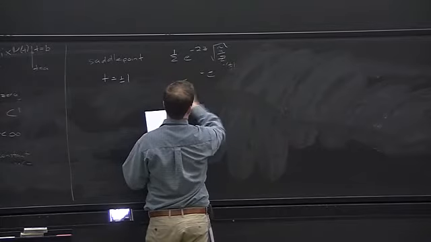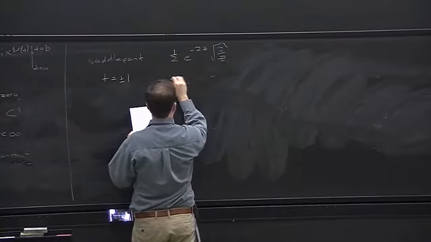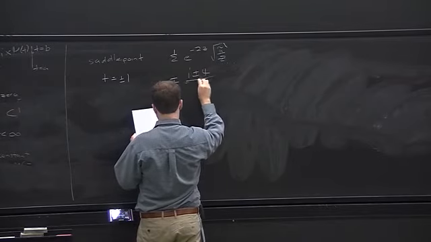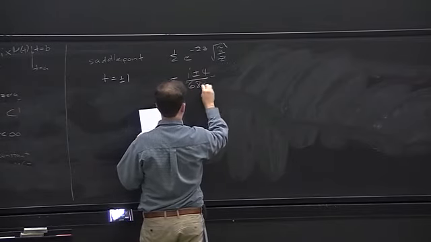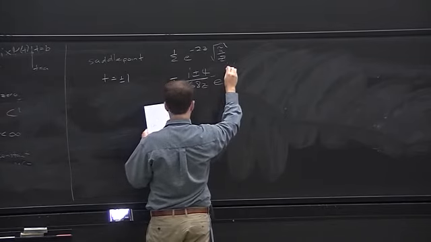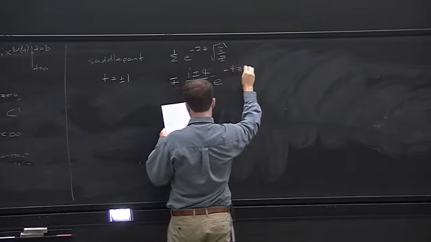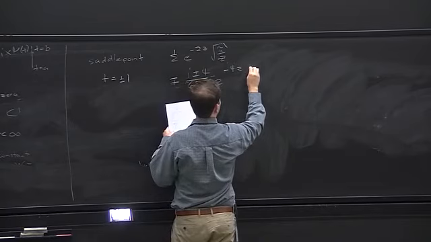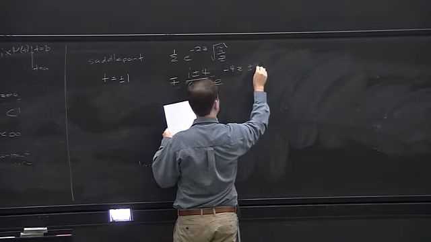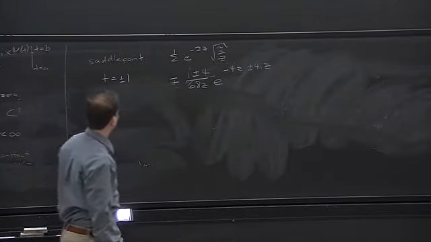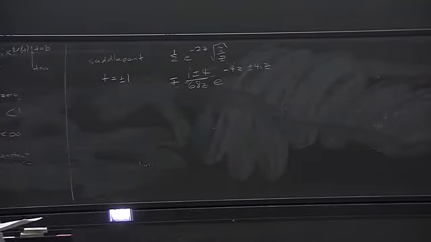Sorry, I'll write the final result: minus plus i, plus or minus 4, 68z e to the minus 4z plus or minus 4iz. So those are the contributions, just applying this formula and the saddle point formula.